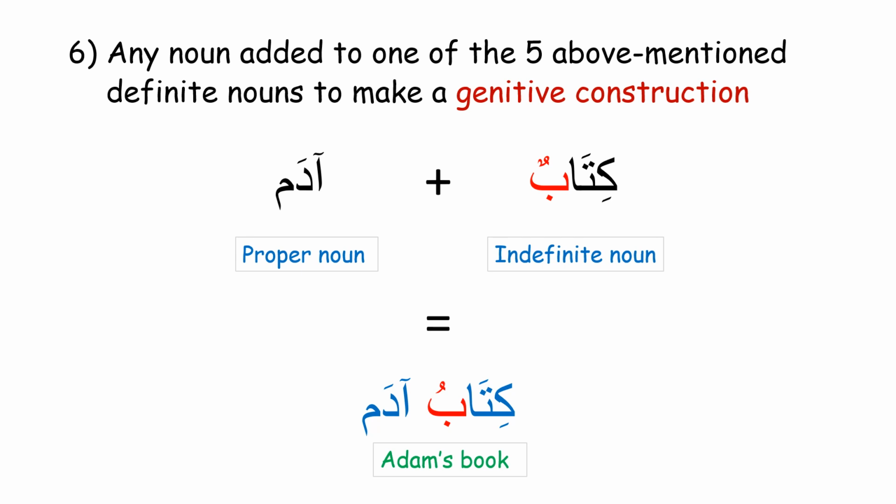Okay, so that was a quick glance at this last category of definite nouns. And by and large, if an indefinite noun is added to one of the 5 categories of definite nouns that we have just gone through, then it will acquire its definiteness from the definite noun it has been added to.